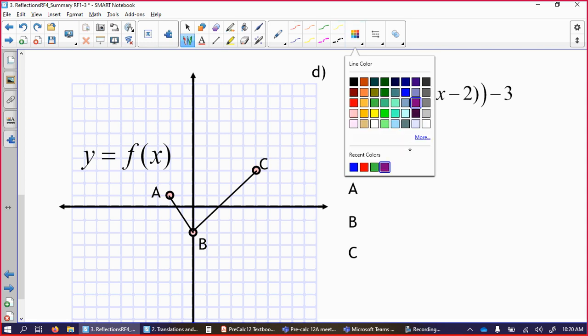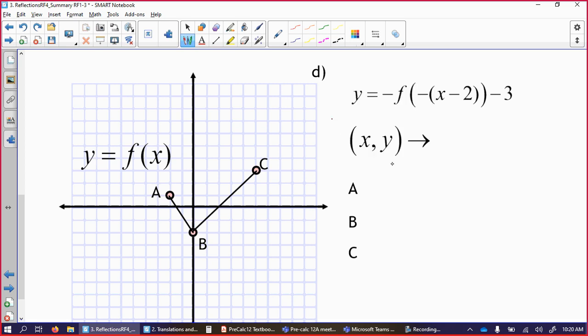I haven't used purple in a while. All right, so let's label our points. A is -2 and 1, 0 and -2, 1, 2, 3, 4, 5, and 3. Worst case, label your points.